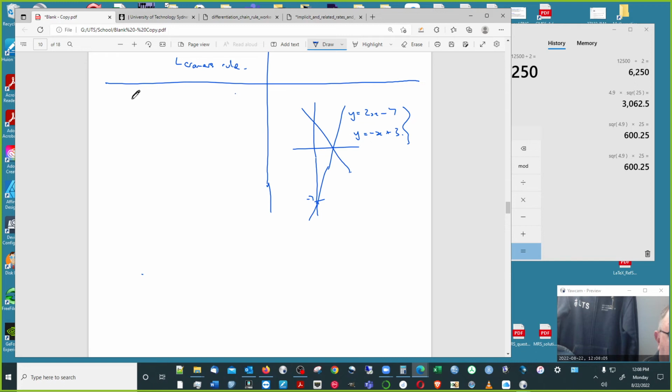So the way that we would put them together is just moving them over the other side. Now we would augment this. It always starts off with the coefficients.